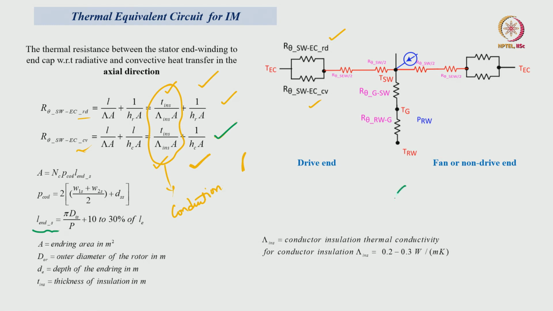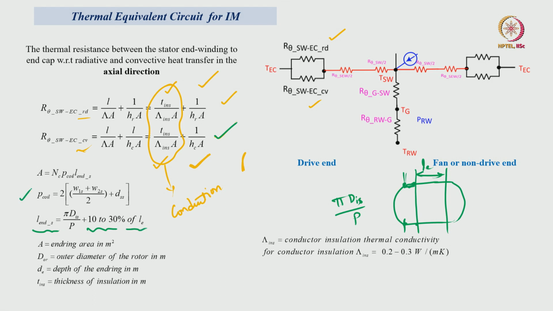The arc length, let us say this is the total coil. So, this coil arc length is nothing but pi d s by p plus 10 to 30%, we are considering the length which is coming outside the stator core. The actual core length will be this, and the extra portion, the straight portion of the conductors, is nothing but 10 to 30% of the length.